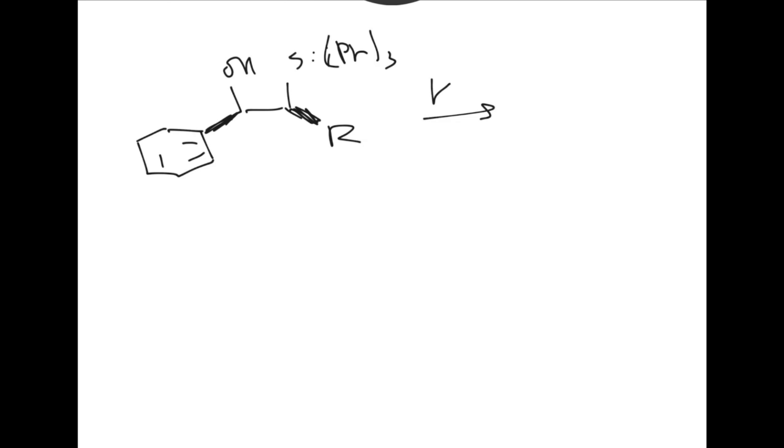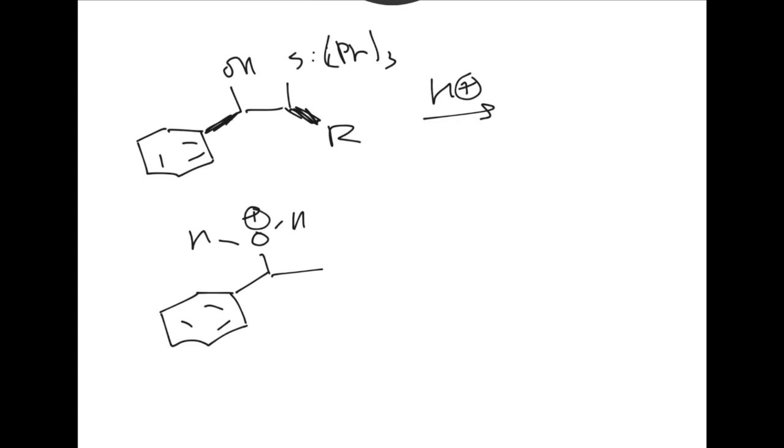When I add acid, the mechanism is I protonate the alcohol. And then for the elimination to occur, I have to rotate around the single bond and put the silicon on the opposite side of the molecule from the oxygen.